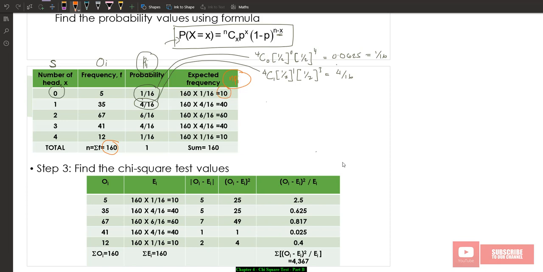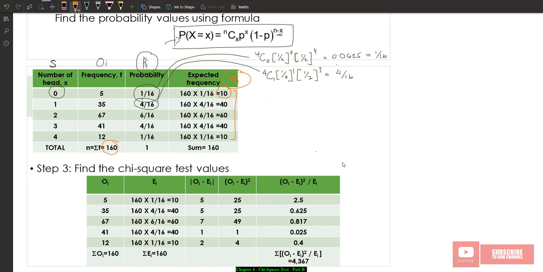By looking at the first table, you should check each value of expected frequency to see if there is any expected frequency less than 5. Based on our calculation, there is no expected frequency less than 5, so we can proceed with the calculation.